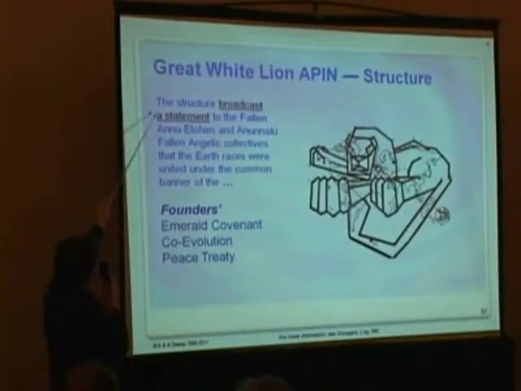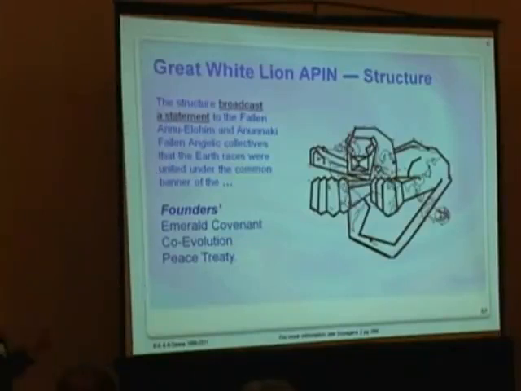The structure of the Great White Lion Apin system broadcast a statement to the fallen Anu Elohim and the Anunnaki fallen angelic collectives. The Earth races were united under the common banner of the Founders' Emerald Coevolution Peace Treaty. In other words, they were going to stand by us during the stellar activation cycle to assist us in regaining our essential potential and freedom from the fallen angelic manipulation.